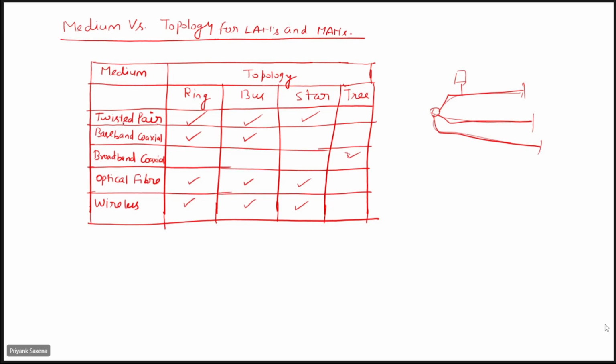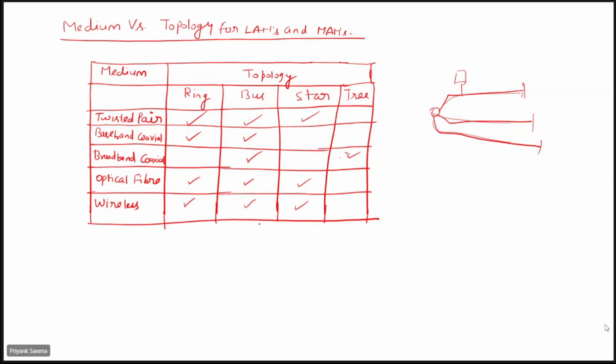You can see that twisted pair can be used in ring, bus, star, and baseband coaxial can be used in ring and bus, and optical fiber in ring, bus, star. Broadband coaxial can only be used in bus and tree, and wireless can be used in ring, bus, star.